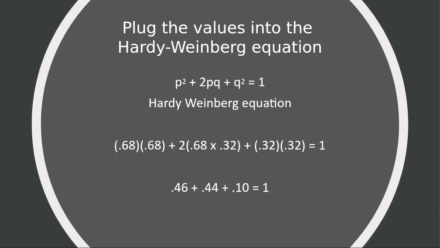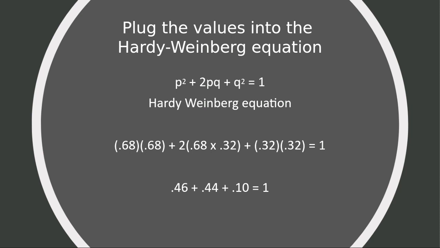So let's plug our values into the Hardy-Weinberg equation. Very quickly, the Hardy-Weinberg equation is p squared plus 2pq plus q squared equals 1. So what does that mean for a typical, really non-mathematical person like me? We already determined that p equals 0.68. So p squared means that we have 0.68 times 0.68, plus 2pq. This is going to be our heterozygous individuals.